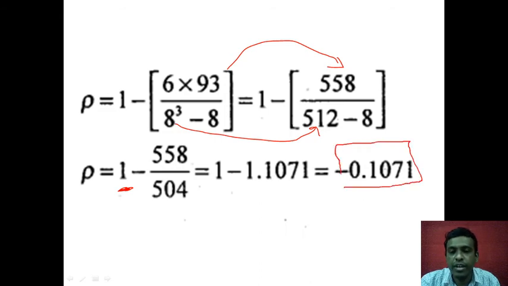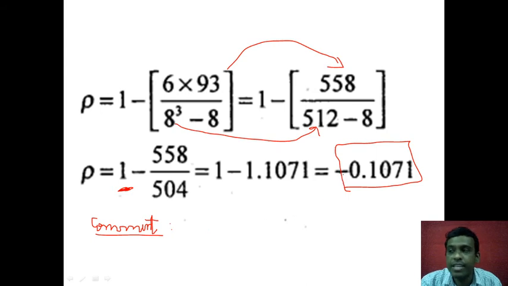So what is your interpretation? Always finish with a comment. What is your comment here? What will you write here? The comment will be: it shows negative correlation.